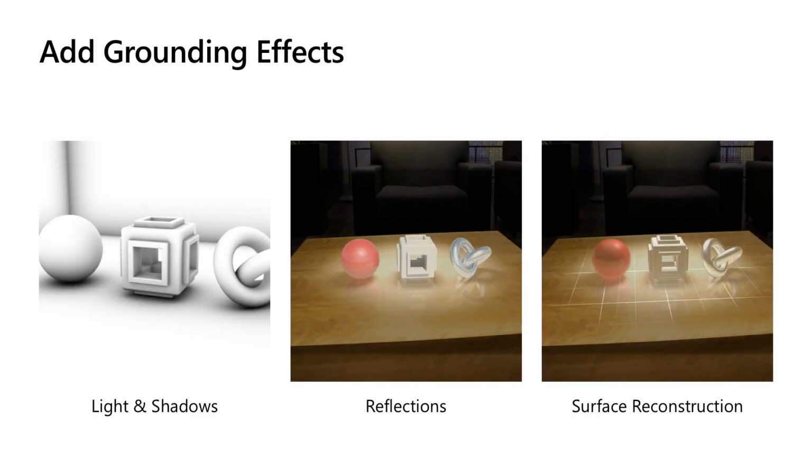The second component of immersion is believable visual cues, right? The real-world objects have lights and shadows around us. They create reflections. These are all things that our brain takes in to understand the spatial relationships of objects. So we want to mimic these in MR, right?